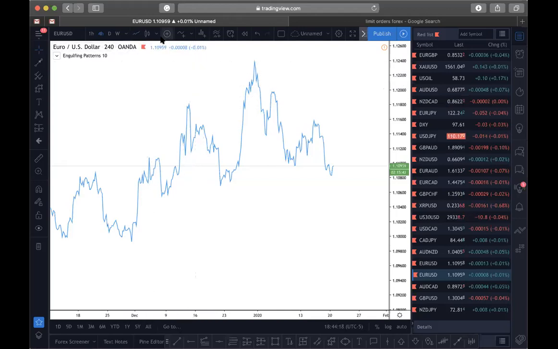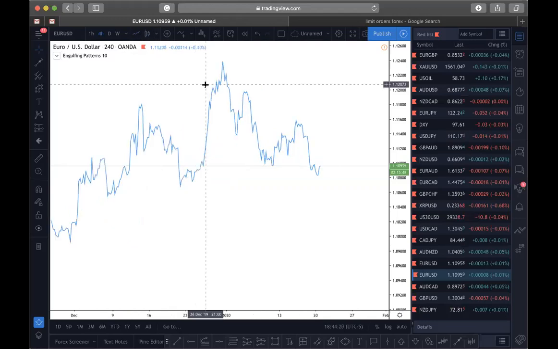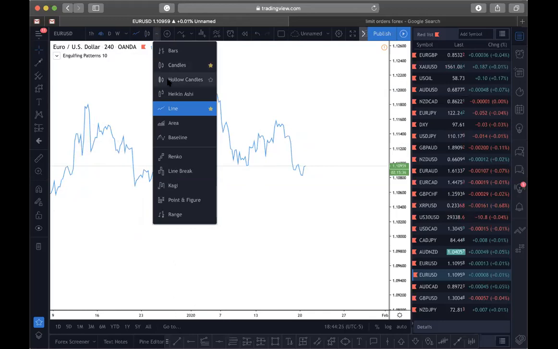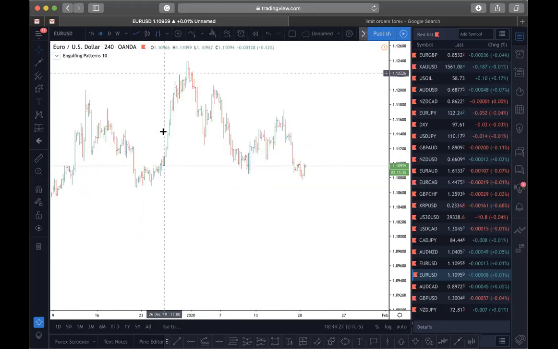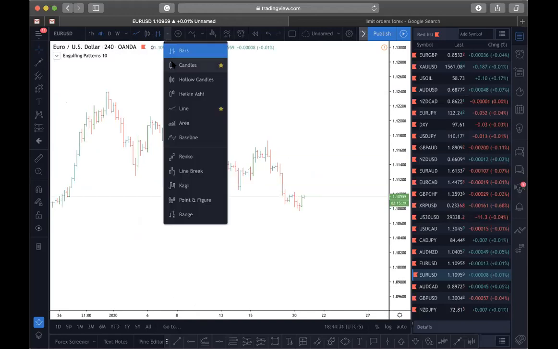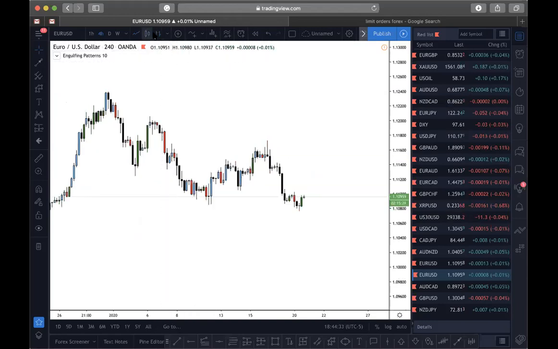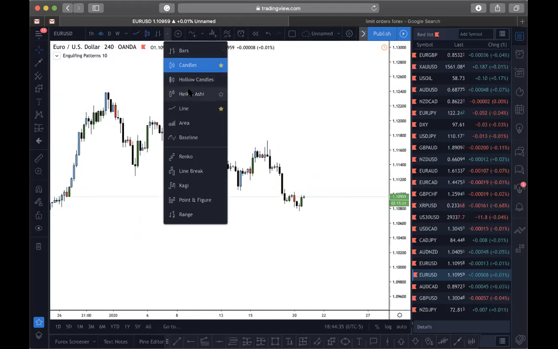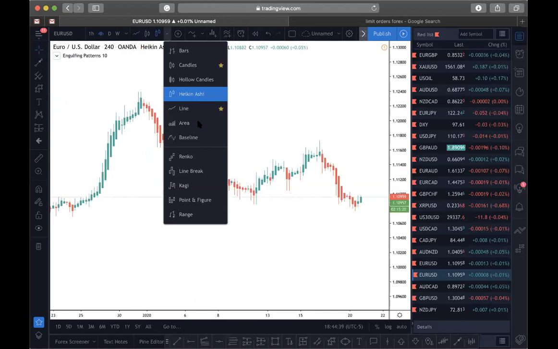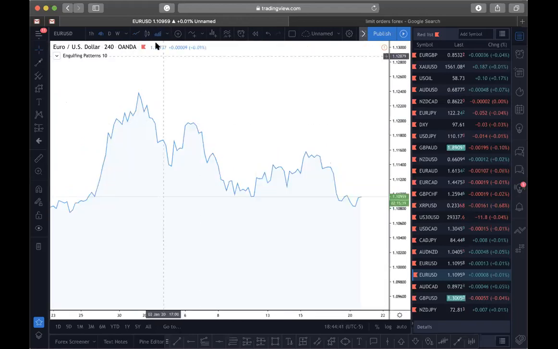So you have the line chart, which we use sometimes. It's just the line. We have the bar chart, which we do not use. We have the candlestick chart. We have this chart here, I'm not even sure what it is. And then we have the area charts.